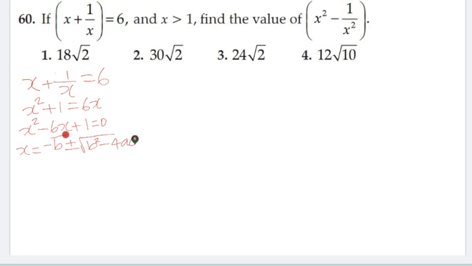Here minus 6 is b, 1 is c, and a is also 1. a means the coefficient of x square, so the coefficient of x square is 1, and c means the constant. Here the constant is also 1, and b means the coefficient of x, so it is minus 6. So we can easily write it in this equation.